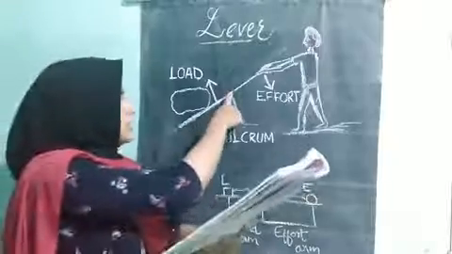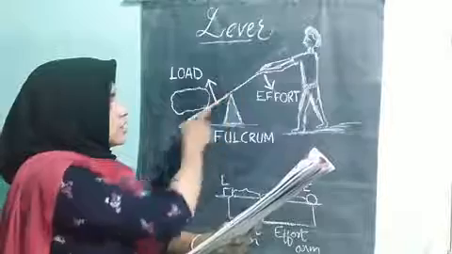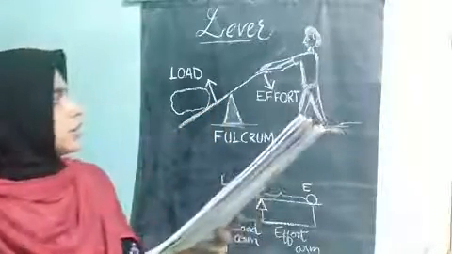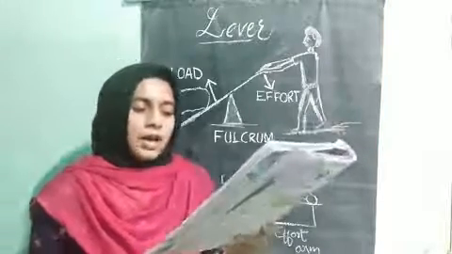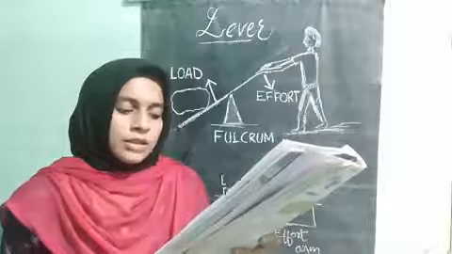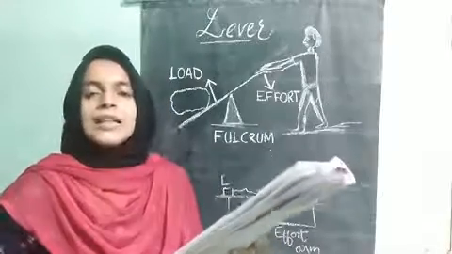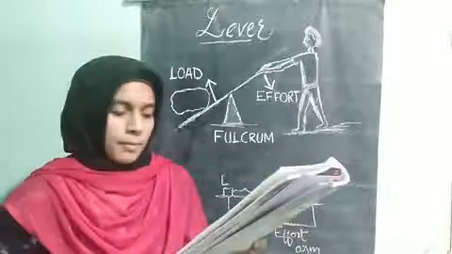This distance or length of the rod, we call load arm. Then on the other side, the length of the lever between the fulcrum and the point at which the effort is applied is called effort arm.